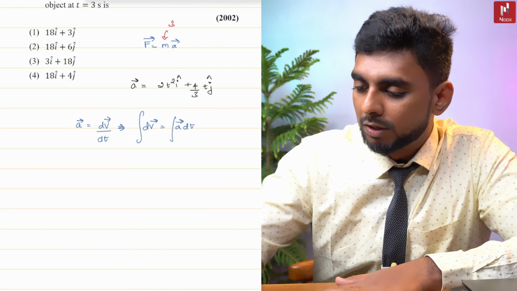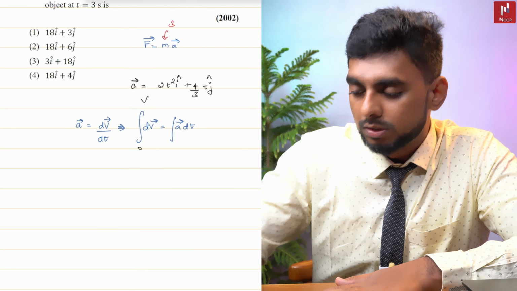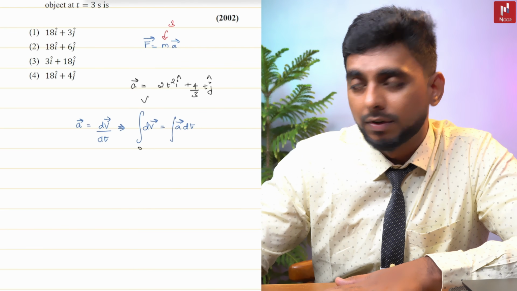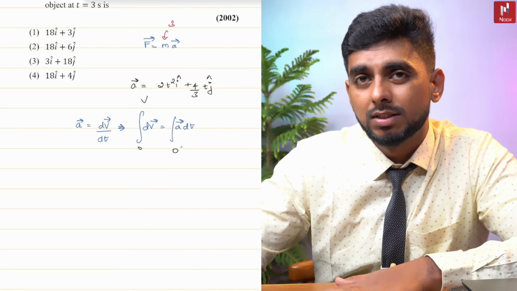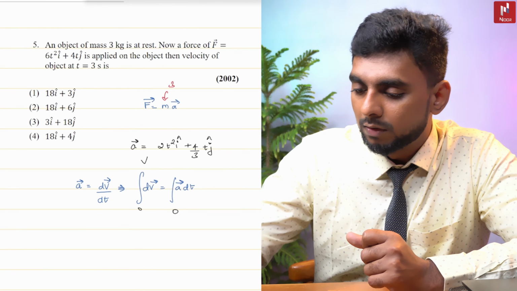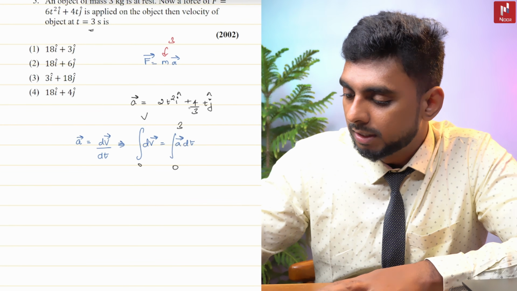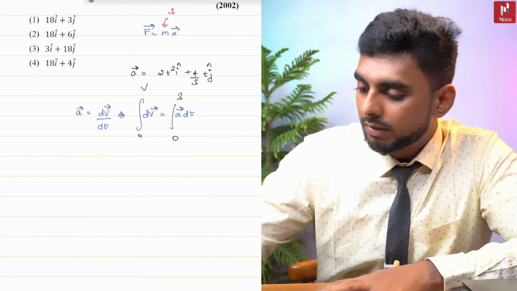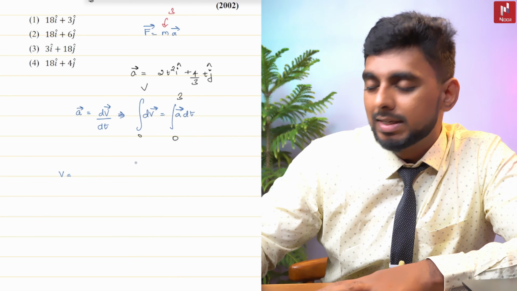The left hand side is pretty obvious. The initial velocity was 0, the final velocity is the thing that we need to find, which is going to be v. Over here you have the initial limit, that's going to be 0 starting time, and the final time for which I need to find the velocity was 3 seconds. Okay, so let me plug in 3 for the upper limit. You will have velocity v which is equal to the integral of vector a dt, right?